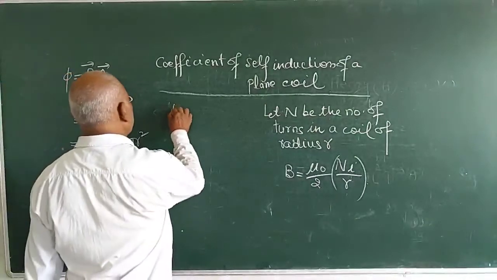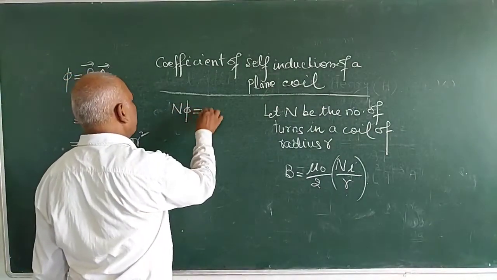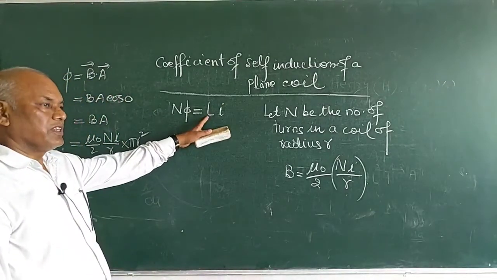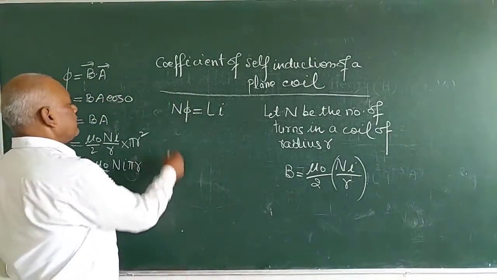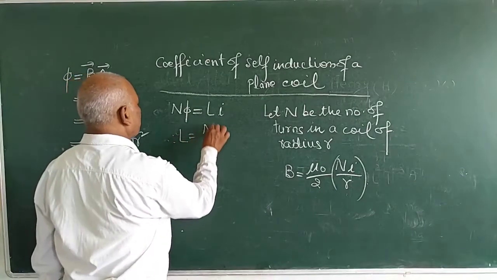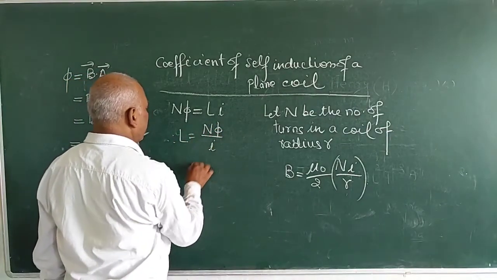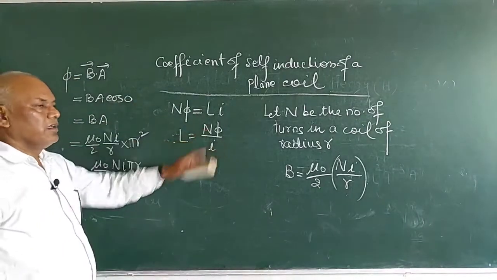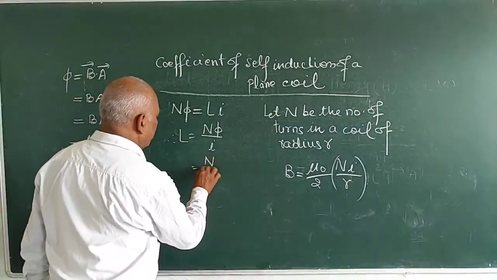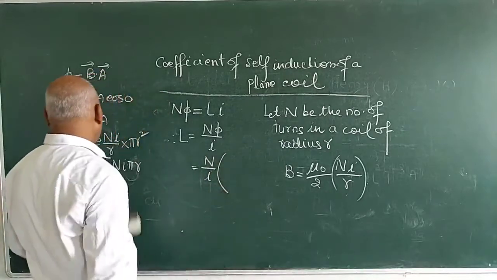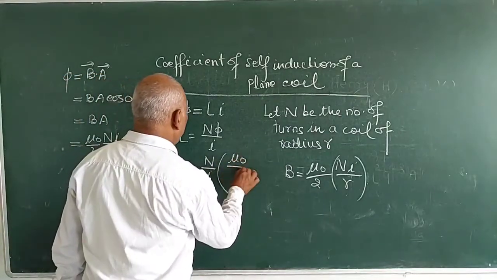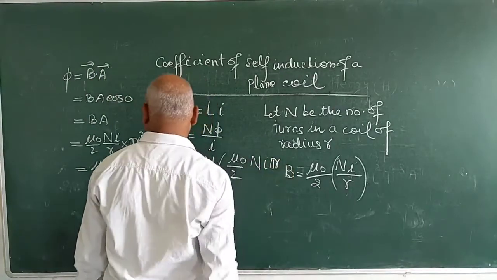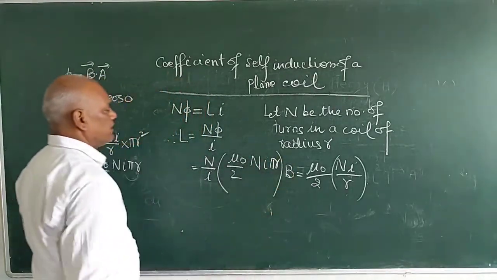Since we know that N phi is equal to L I, where L is the coefficient of self-induction of the coil, therefore L is equal to N phi upon I. Substituting this value of phi here, we have N upon I into mu naught N I pi R by 2.